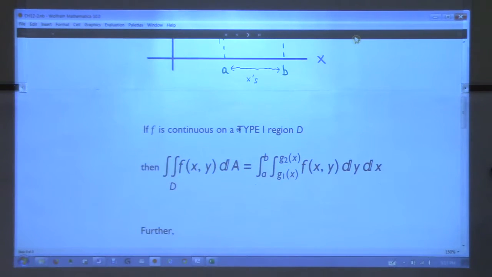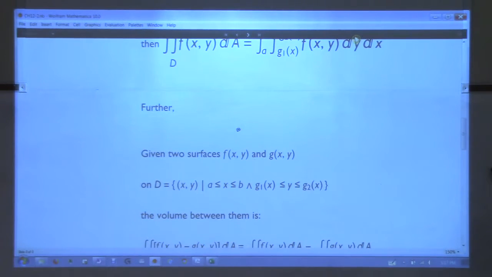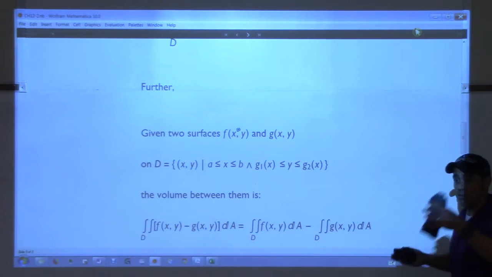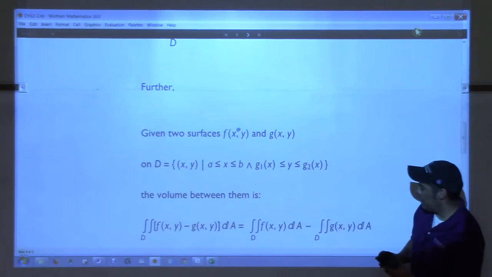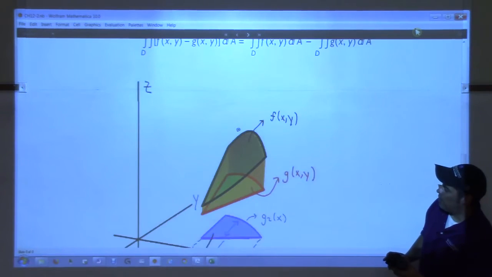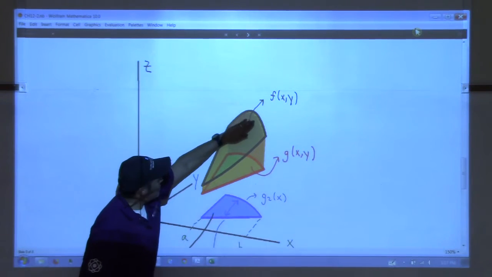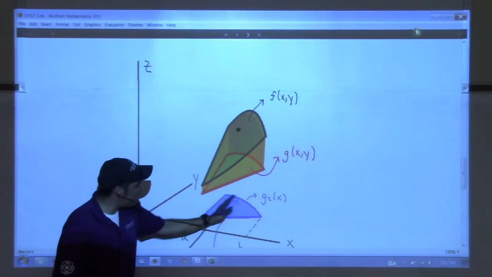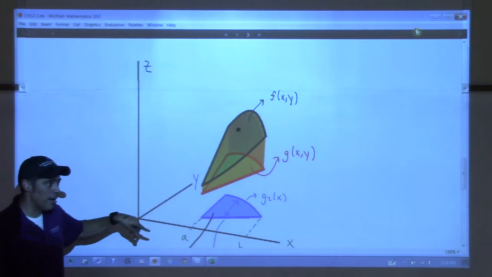Now, in addition to this, if you have two surfaces and you want the volume between them, you have one on top, one on bottom, then everything's going to run the same way. The only thing that's different is that you're trying to find the volume between them, and the shadow on the ground is no longer a box, no longer a square or rectangle.